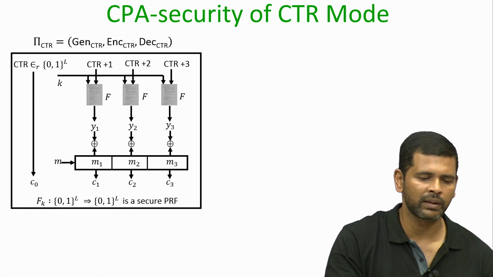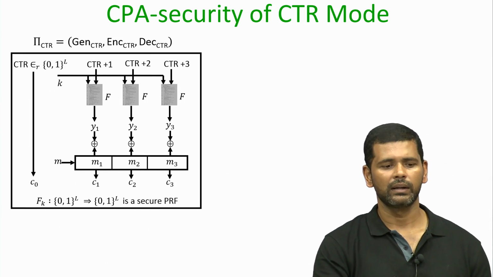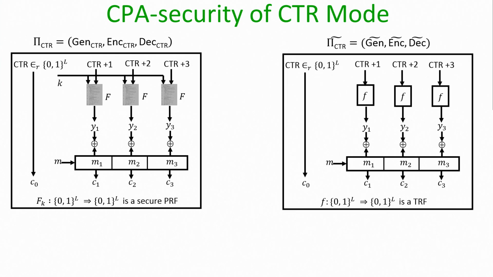Imagine a scenario where a sender has encrypted, say, a message consisting of 3 blocks, and this is how the counter mode of operation would have operated, and we want to prove that this counter mode of operation is CPA secure. So, before going into the actual security proof, let us consider a variant of this counter mode of operation, where everything remains as it is, except that all the invocations of the keyed PRF are replaced by invocations of a truly random function, which is an unkeyed function.